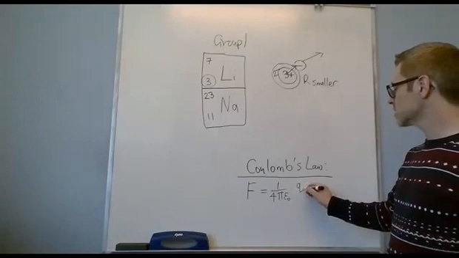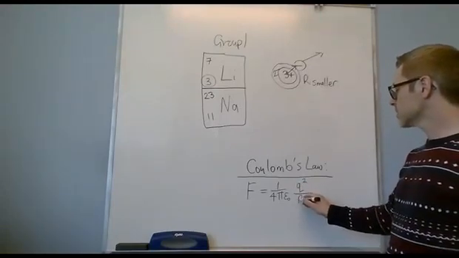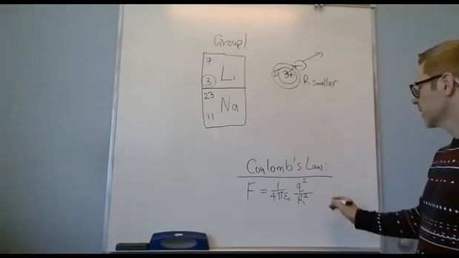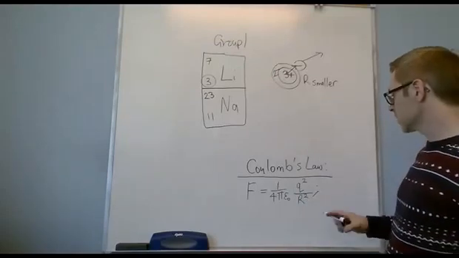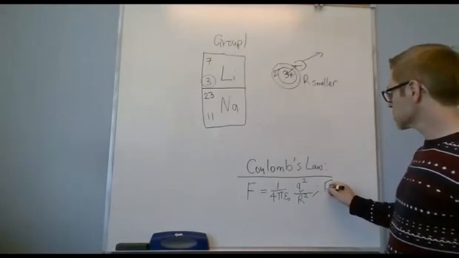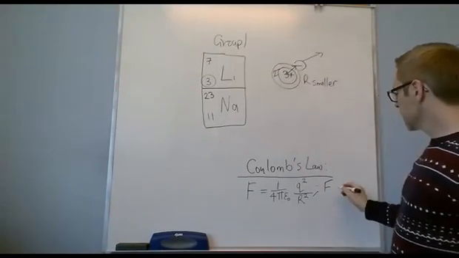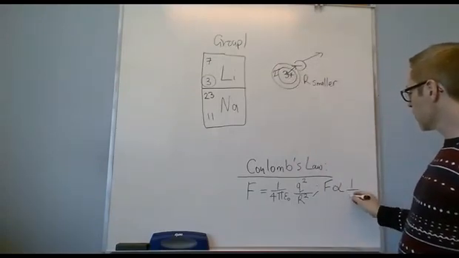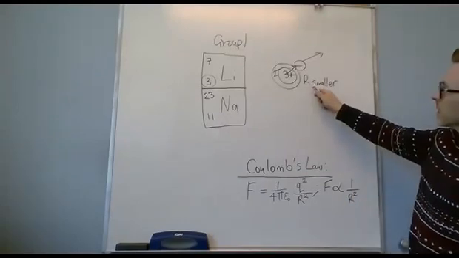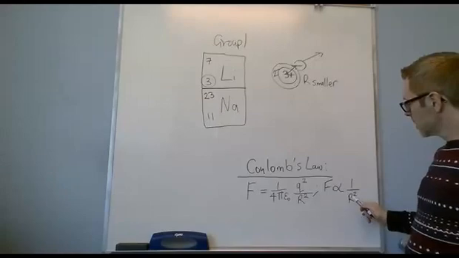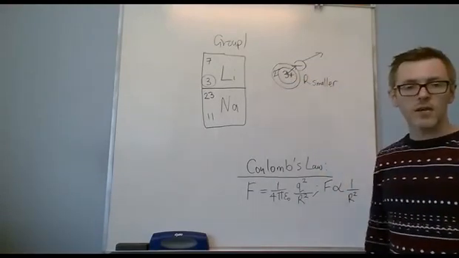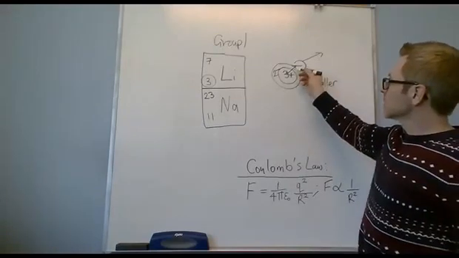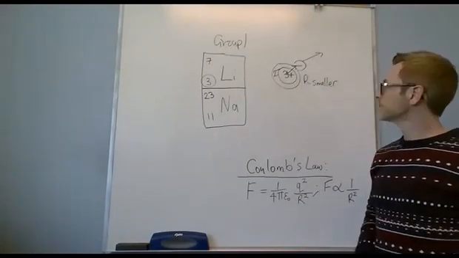It's multiplied by the product of the charges over the distance between them squared. If we just focus for now on r squared, where r is the radius, then the force of attraction between these charges is proportional to 1 over r squared. Because we have a small radius, r squared is going to be small, so 1 over r squared is going to be large. So we have a relatively strong interaction. It's going to be relatively hard for me to remove that electron.